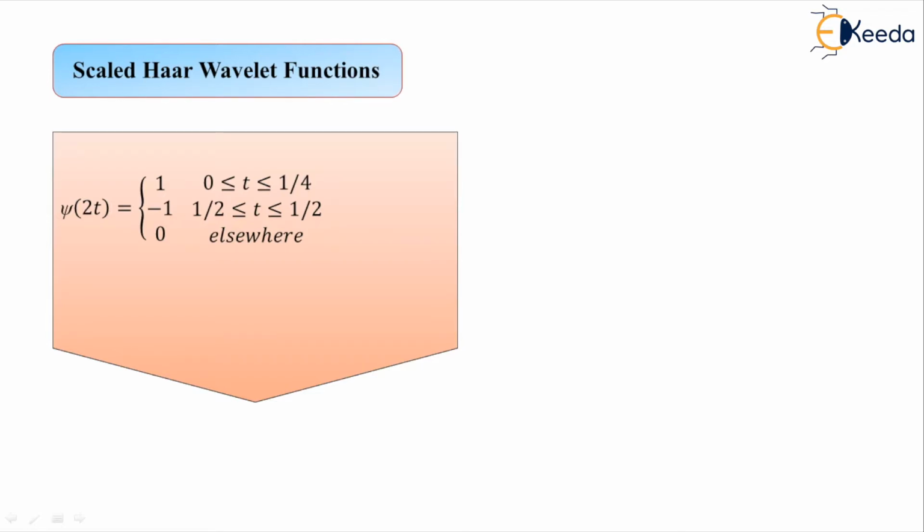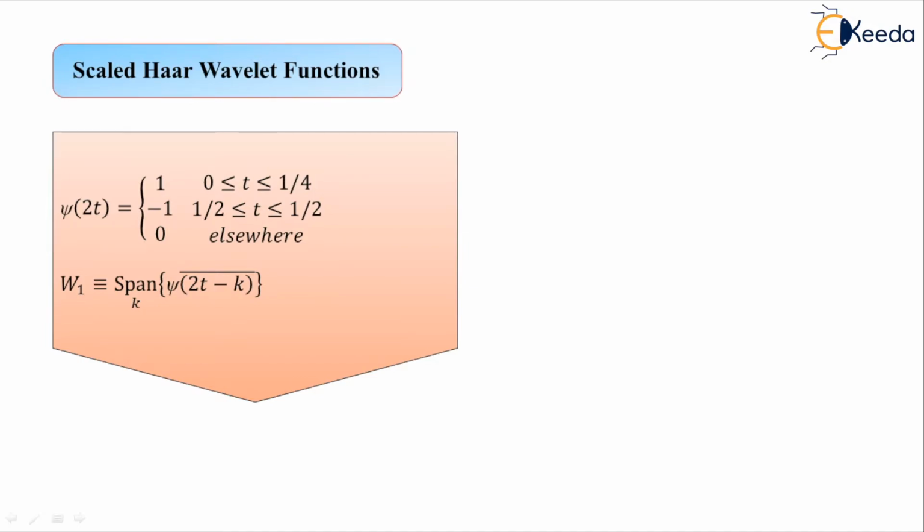So psi of 2t minus k in general, for k belonging to the integers, we denote as W suffix 1. Mathematically, W suffix 1 is the span, with k as the variable, of psi of 2t minus k. Let us discuss one example with the help of an illustration.